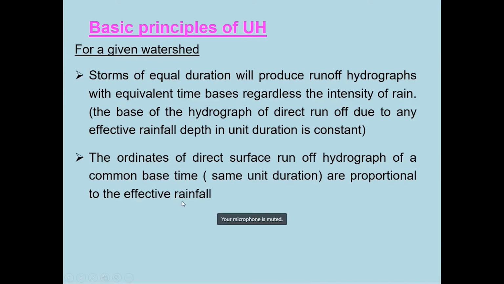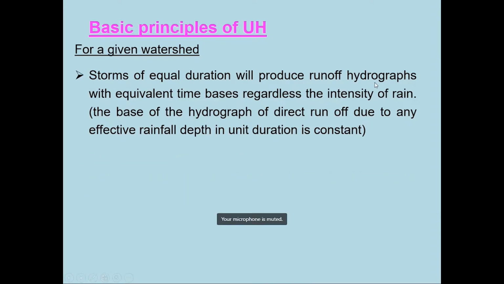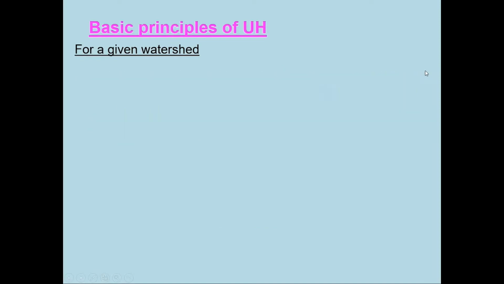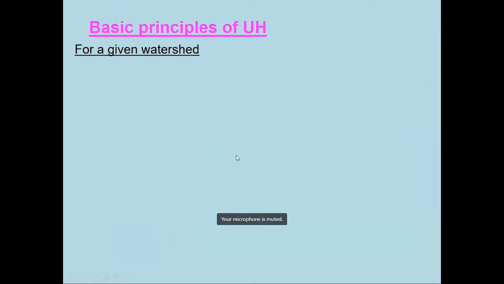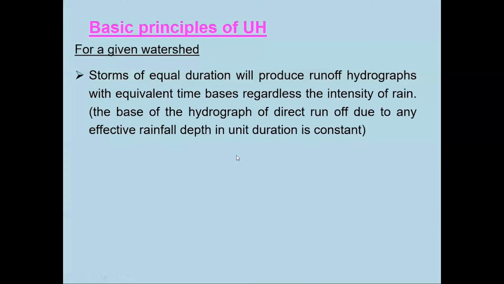Here, if it is for the unit duration, meaning if this TR is constant, if it is 1 hour, it will remain. If it is 2 hour, then again it will change. There will be another shape of the unit hydrograph. Unit hydrograph is only for 1 hour duration, unit duration and unit rainfall.